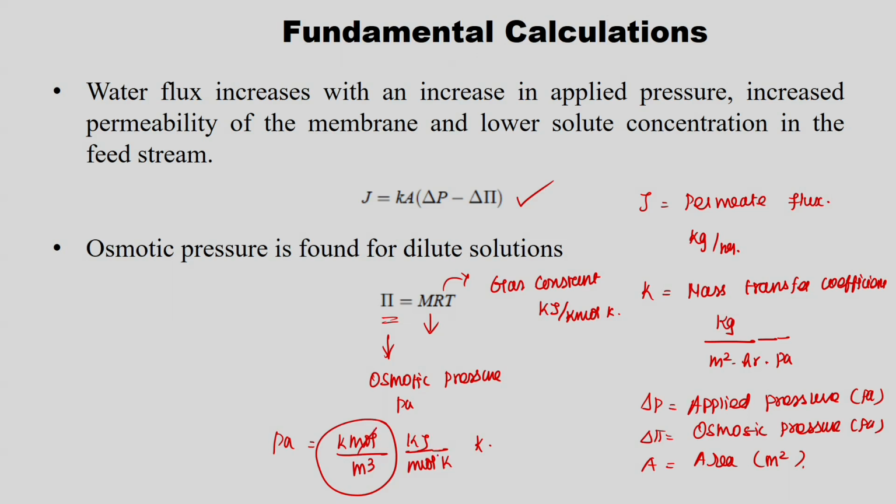So, the kilomole gets cancelled, Kelvin gets cancelled, and you get kilojoules per meter cube.